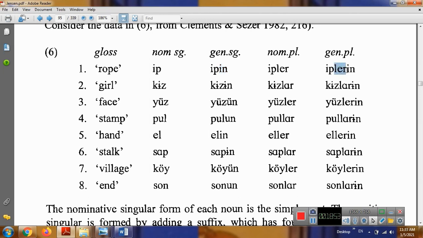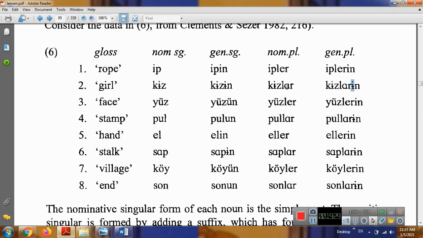Here we have two forms of the suffix for the genitive plural. For the plural, we have just ler and lar, which you know and I explained here.